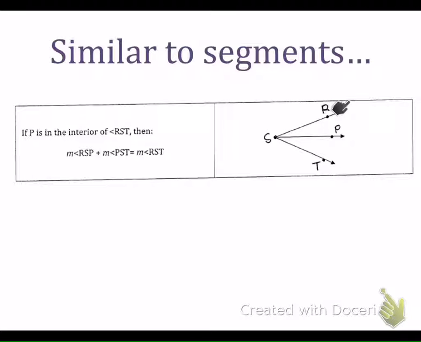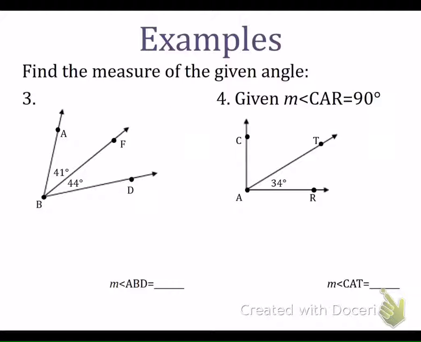If you know the measure of RSP, so this little guy up top, and you know the measure of angle PST, you can add those together and it will give you the measure of the whole thing, angle RST. Exact same idea as yesterday. Now it's just with angles instead of segments. All right, so these both say find the measure of the given angle.